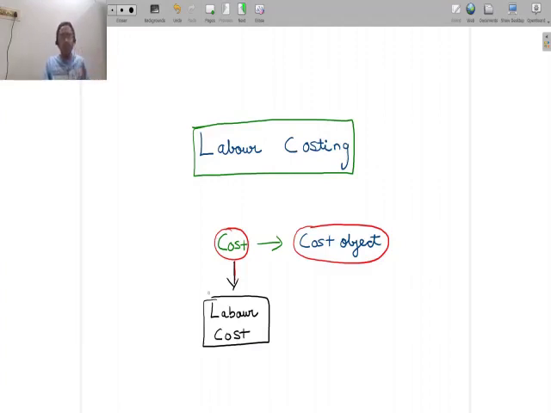Whichever type of entity you talk about, work needs to happen, and for work to happen, cost needs to be incurred. So the cost to get work done is what we can at this stage understand as labor cost, and that is definitely one important component of cost.